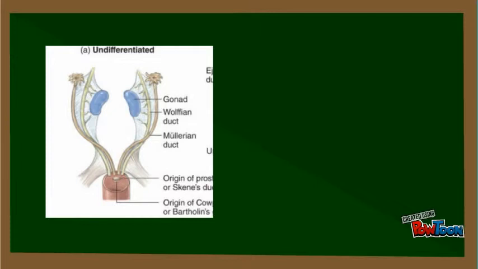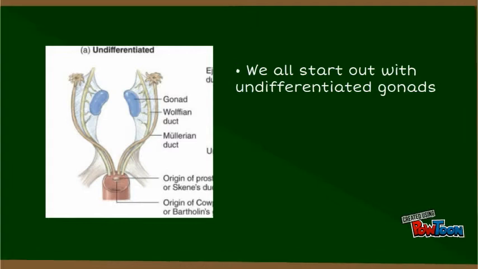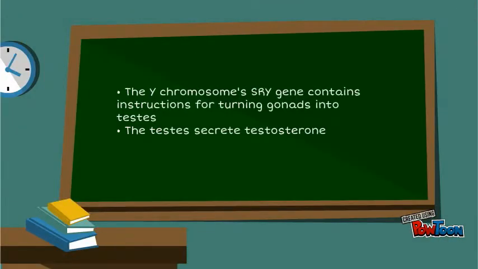So the picture here shows what we all start out with. At around 6 weeks after we are conceived, we all start out with what are called undifferentiated gonads. These gonads are going to turn into either ovaries or testes, depending on what instructions you get from your chromosomes. So if you have a Y chromosome that has the SRY gene, that will provide instructions for the gonads to turn into testes.